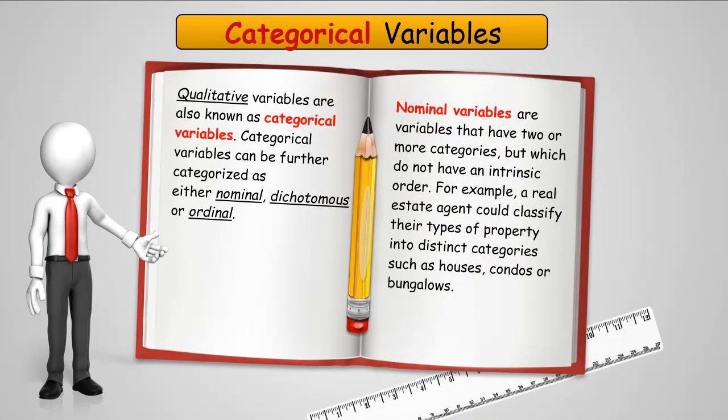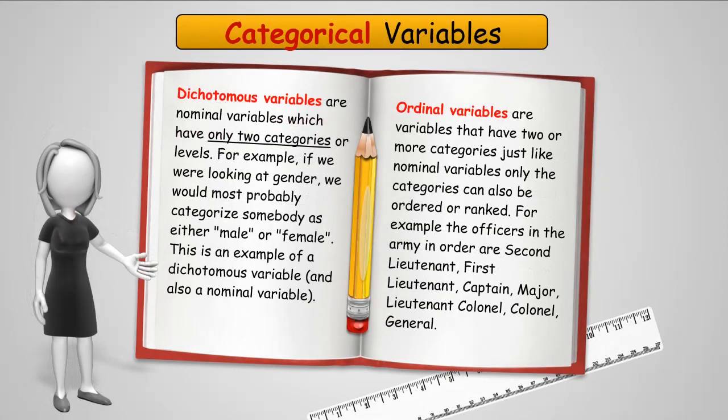Qualitative variables are also known as categorical variables, we said, and they can be further categorized as nominal, dichotomous, or ordinal. Nominal variables are those that have two or more categories, but which don't have any intrinsic order. For example, a real estate agency could classify their types of property into distinct categories, such as houses, condos, or bungalows. That would be a nominal value. A dichotomous variable would be one that has two specific values.